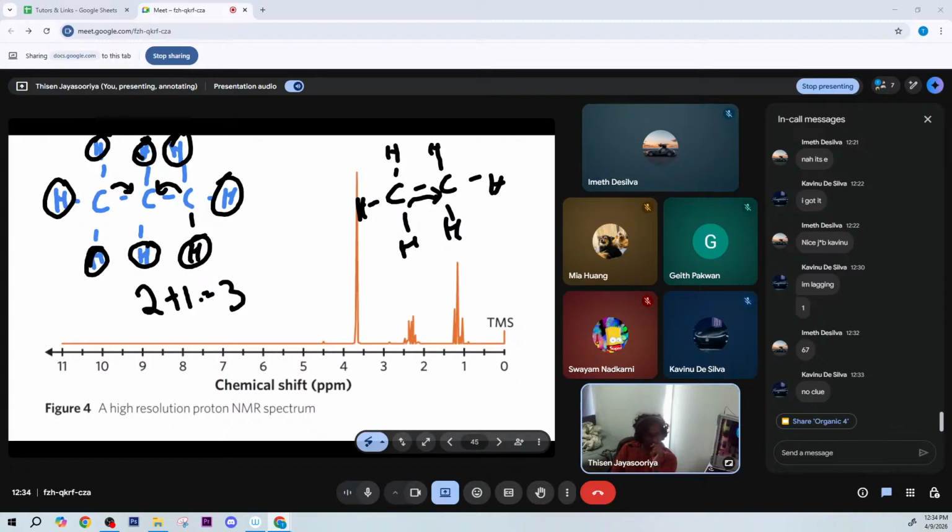So we will not get a difference. We'll only get a split of 1, using that n plus 1, because there are 0 neighboring hydrogens on adjacent carbons that are in different environments. Does that make sense to everyone? Any questions, comments, concerns? Okay.